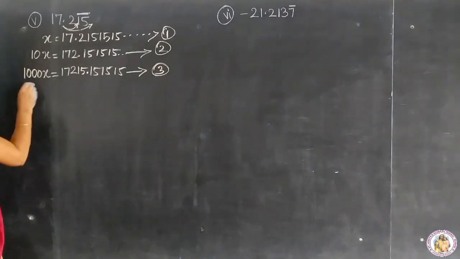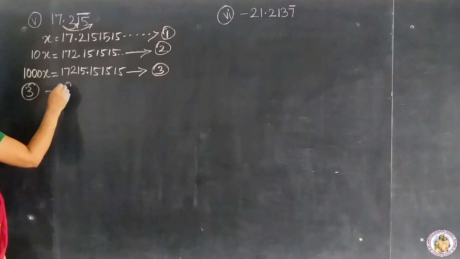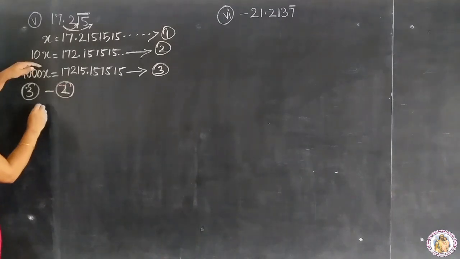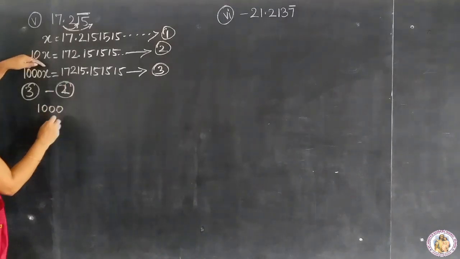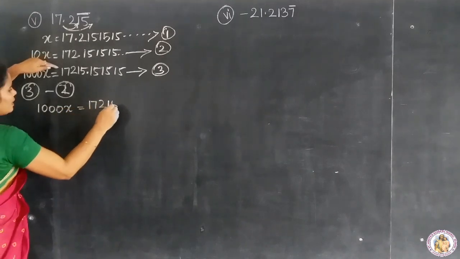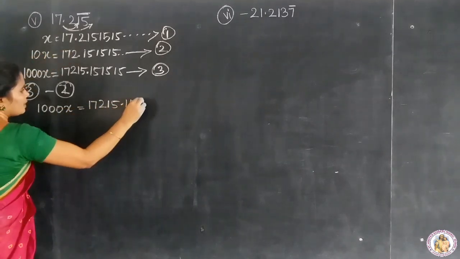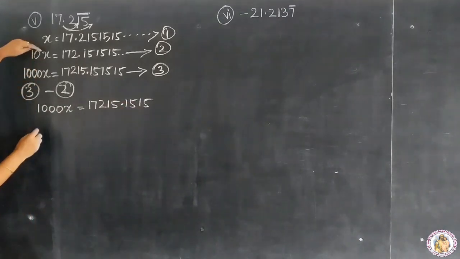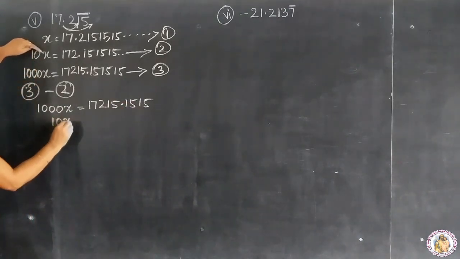So subtracting 3 minus 2: 1000x minus 10x is equal to 17215.1515 minus 172.1515.